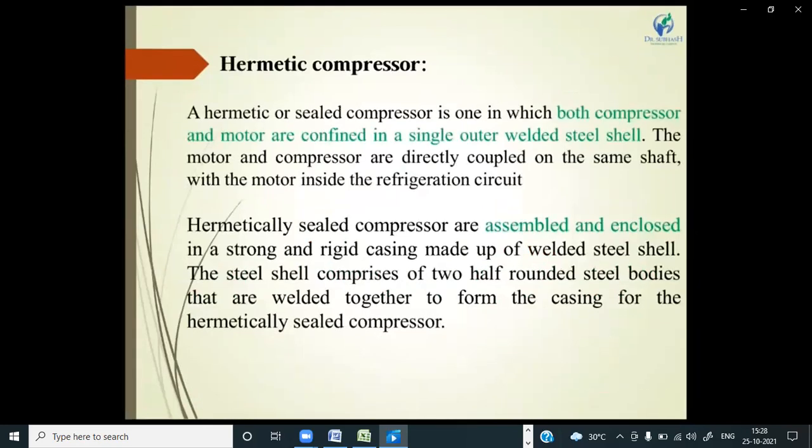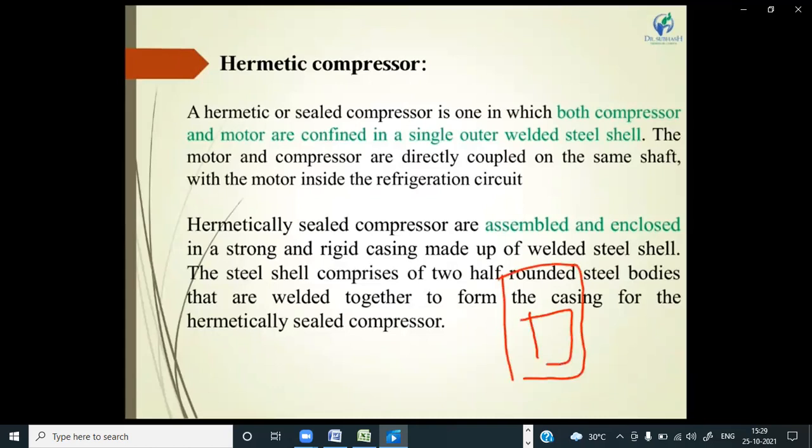Hermetically sealed compressor. A hermetically sealed compressor is one in which both the compressor and motor are confined in a single outer welded steel shell. Assume there is one steel shell. We put one element, a motor, which gives rotary motion, and another is a compressor, which can be single acting, double acting, scroll, screw, or any type of compressor.